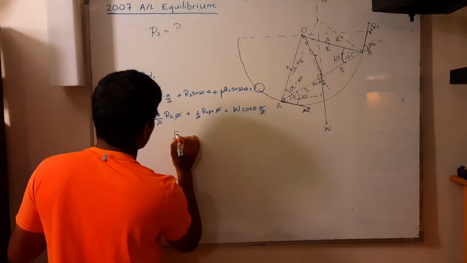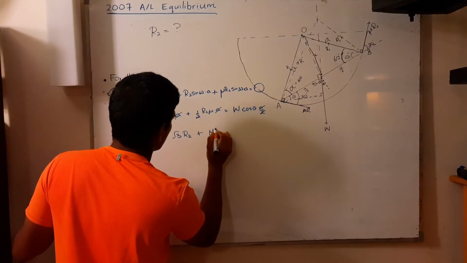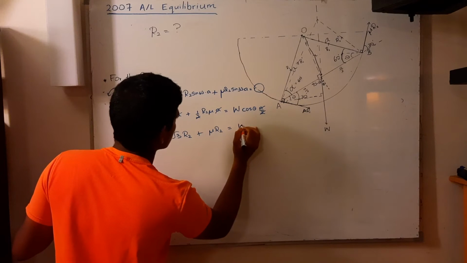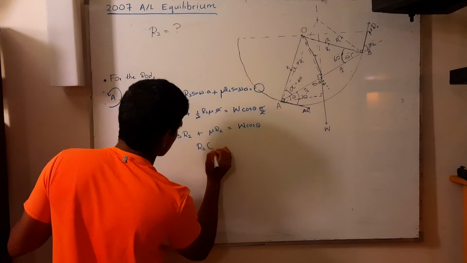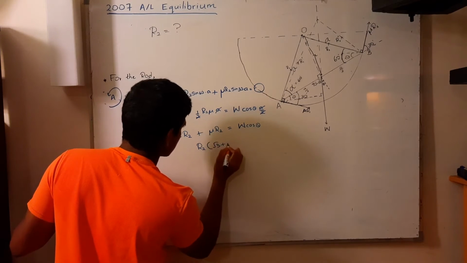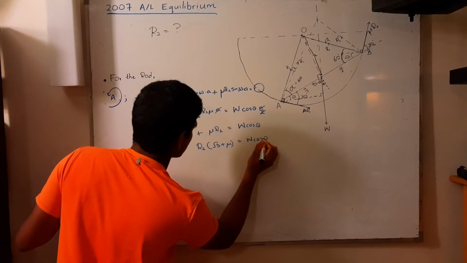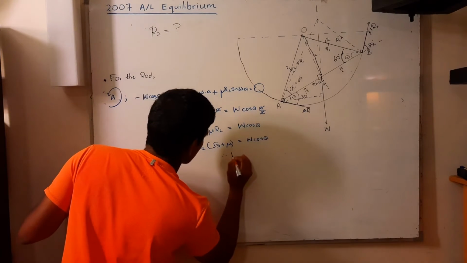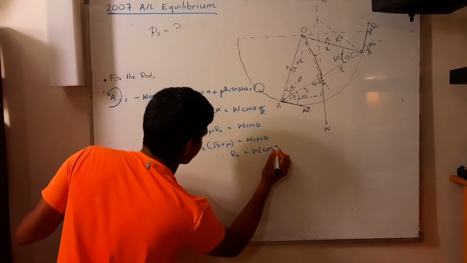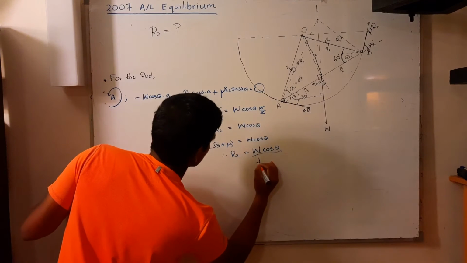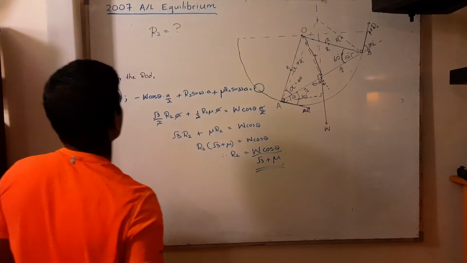So root 3 R2 plus mu R2 equals W cos theta. Then I'm going to take R2 out: root 3 plus mu equals W cos theta. Therefore R2 equals W cos theta over root 3 plus mu. So now we found that as well.